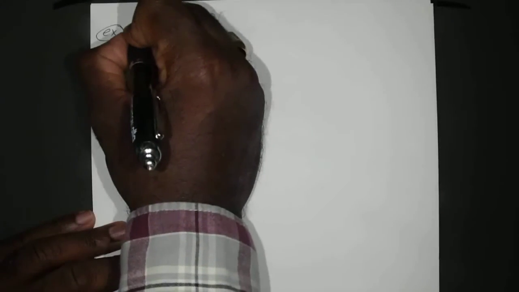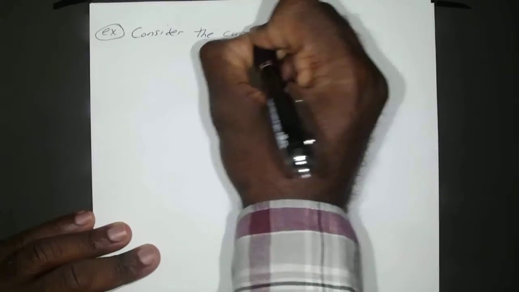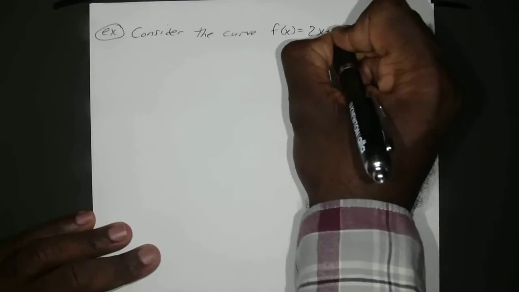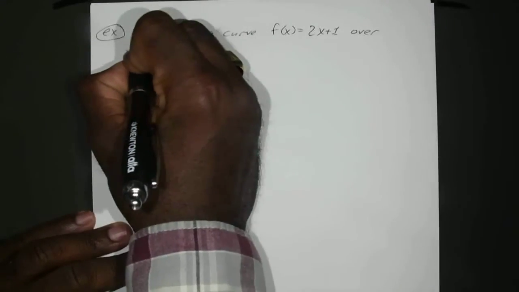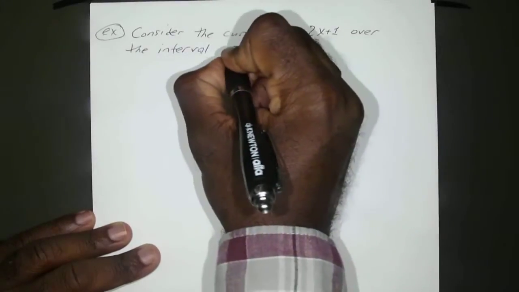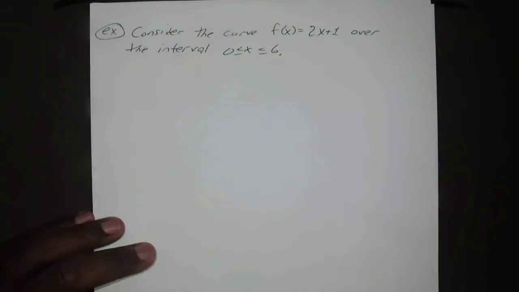Okay, so let's say, for example, I want to consider the curve f of x equals 2x plus 1 over the interval from 0 to 6.